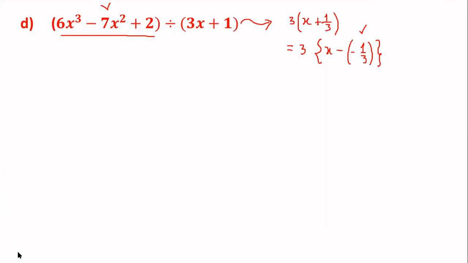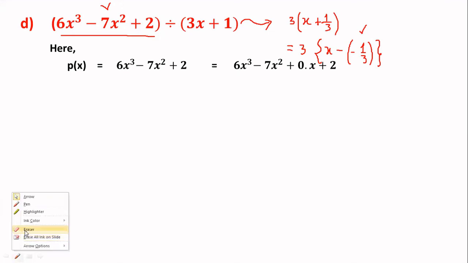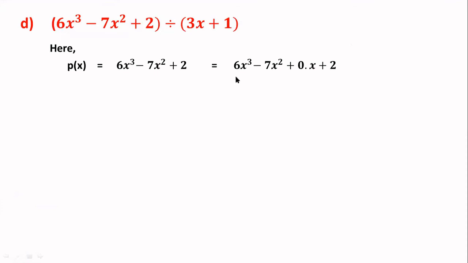As we have discussed earlier, our polynomial px will be 6x cubed minus 7x squared plus 0 into x plus 2. We do the same thing for whatever variable is missing, with coefficient 0. And as we have already discussed regarding divisor dx, in this way the value of a will be minus 1 by 3.